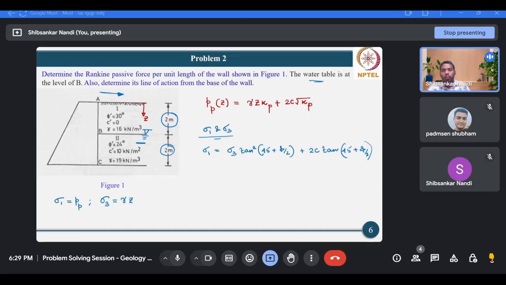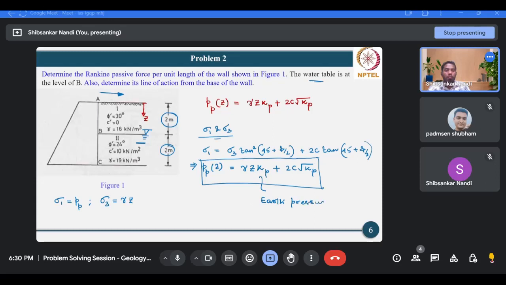So if you substitute this sigma 1 and sigma 3, this will be your Pp equals gamma z, where sigma 3 is gamma z, and tan square 45 degree plus phi by 2 you can write as Kp, where Kp is the earth pressure coefficient in the passive condition.